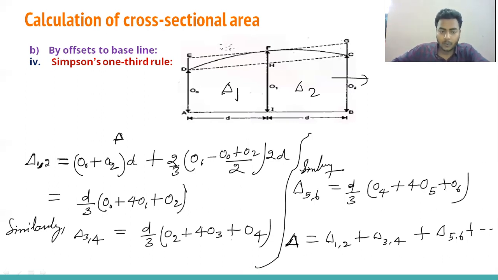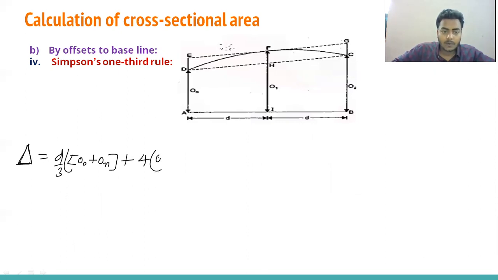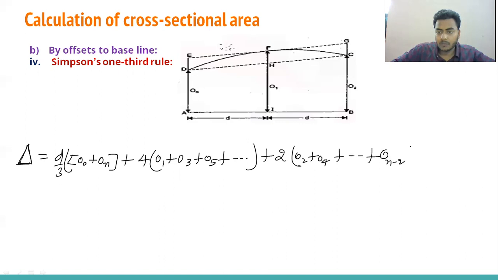By adding all these values, finally we'll get the general expression for total area, that is d by 3 into O naught plus On plus 4 times O1, O3, O5 plus 2 times O2, O4, and On minus 2, whatever. Here you can see plus O n minus 1.